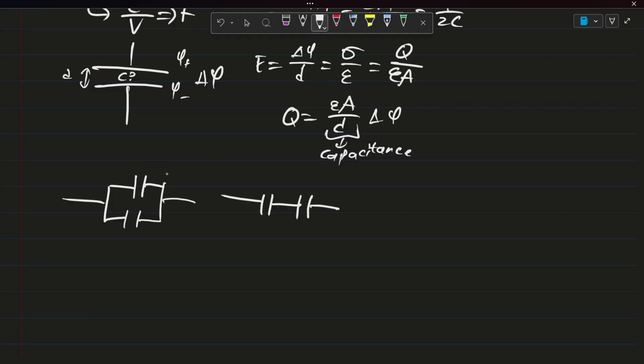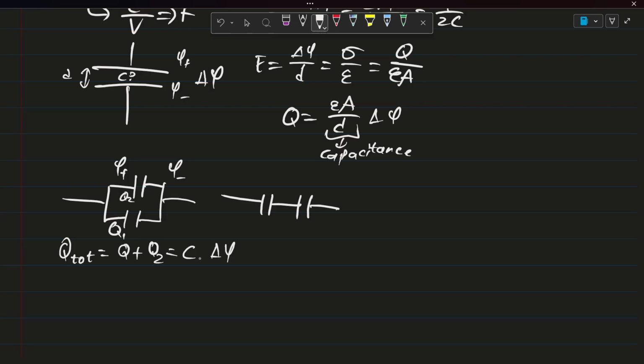So for the parallel plate, if you apply voltage, let's call this phi positive and phi negative here, you could combine this into one single capacitor with total charge, Q total, and it's defined to be this first charge and the second charge here combined, Q1 plus Q2. And this should be the capacitance times the delta phi. And the delta phi here is the same.